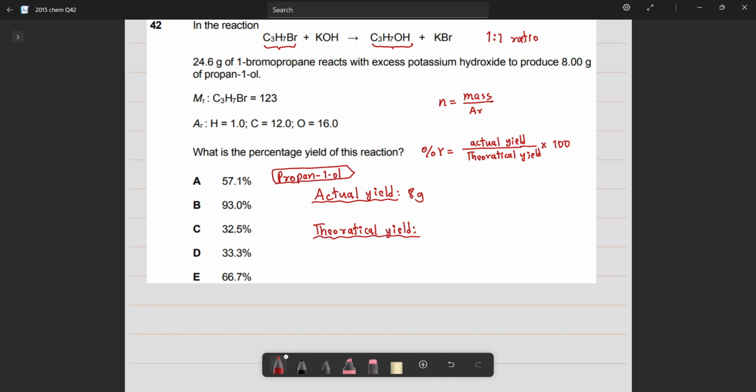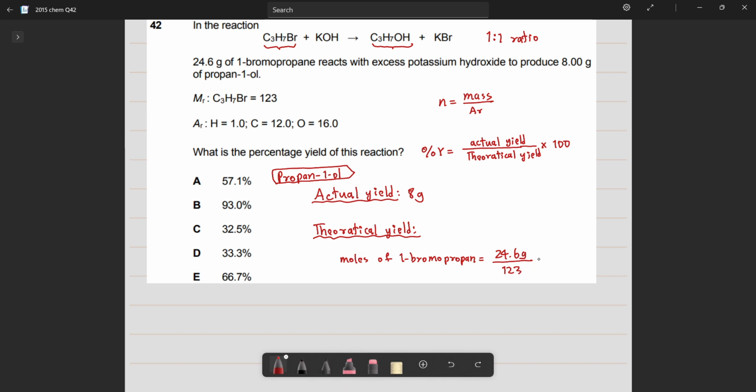For that we are going to use the mass of 1-bromopropane, the 24.6, and divide by its molar mass, which is 123. So the moles of 1-bromopropane is equal to 24.6 grams divided by 123 grams per mole.